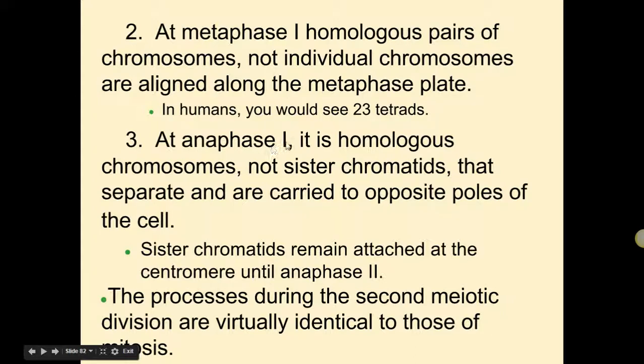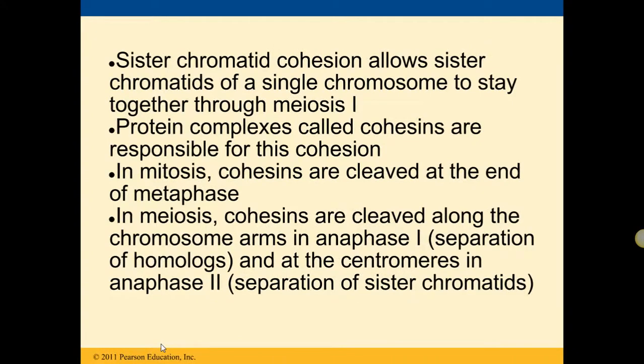And then anaphase 1, it's the homologous chromosomes that are being torn apart, not single sister chromatids. The sister chromatids will be torn apart in the second anaphase. And the process during the second meiotic division is virtually identical to mitosis.